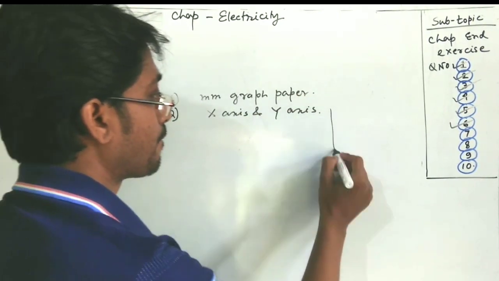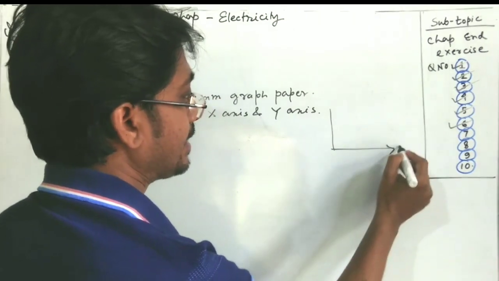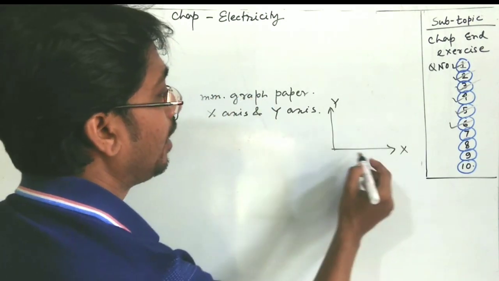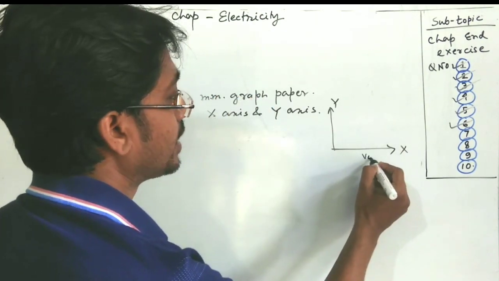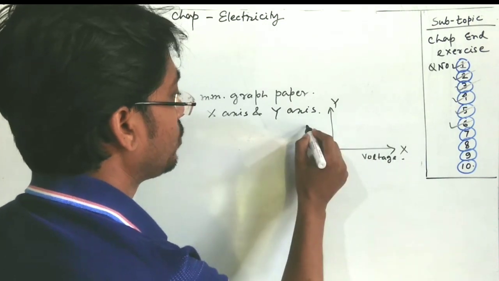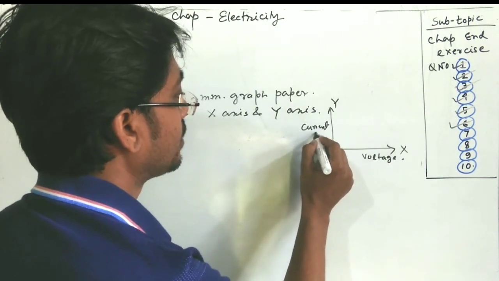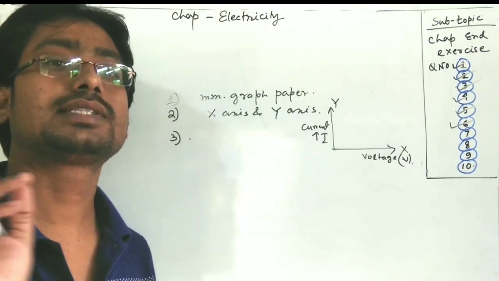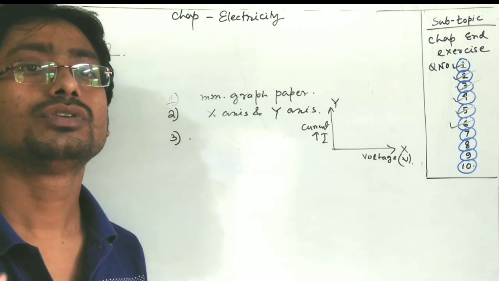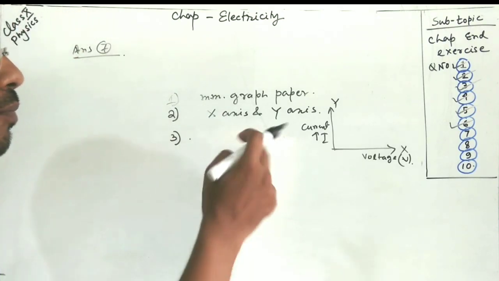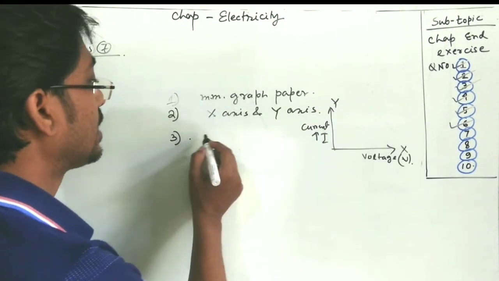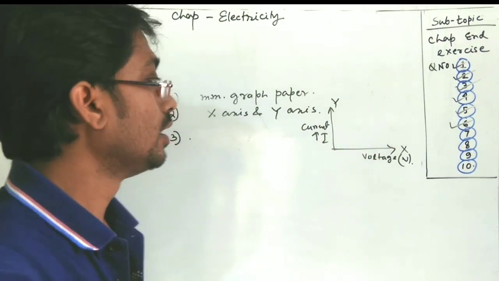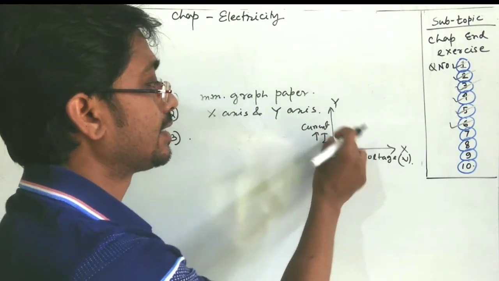Take this as the x axis, and this one as the y axis in the millimeter graph paper, and the x axis will be taken as the voltage axis, and the y axis will be current. You have to find one suitable scale in which you will plot the data. So write down the scale. Suppose 10 small square divisions we have taken as 1 ampere on the current axis.